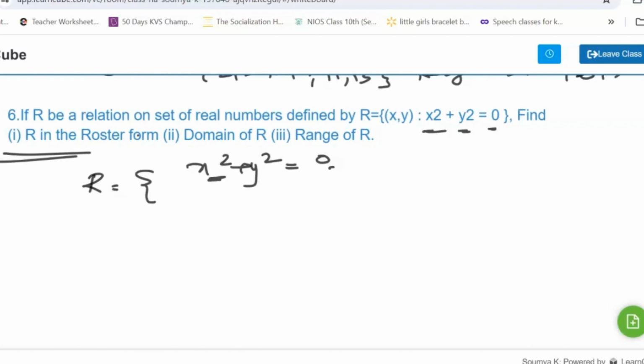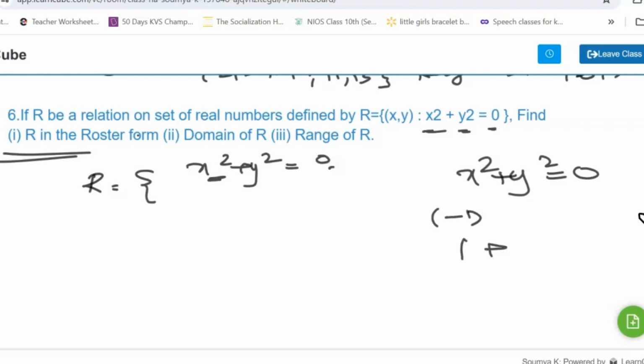That's not possible, because whenever x square plus y square equal to 0, here if you have the square of any of the number, let it be -1, whatever it is, you will always get a positive result. So the result will turn to be positive here.